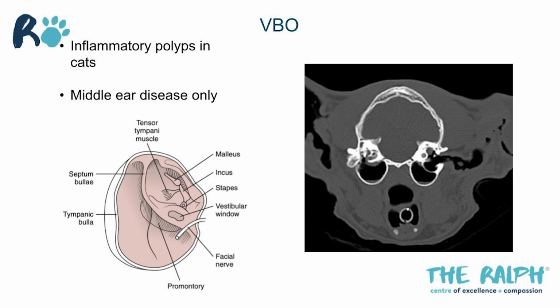When we do the ventral bulla osteotomy, we have to perforate the septum to reach the dorsolateral compartment, because this is where the polyp will arise from most commonly. So there's no point just cleaning the ventromedial compartment. You need to perforate the septum and reach the other area. With regards to the nerve structures, they are at the same location as in the dog. We just said that the sympathetic trunk is just more superficial in the promontory area here.